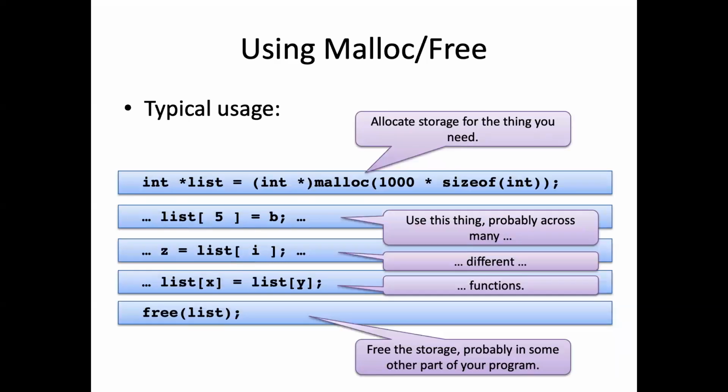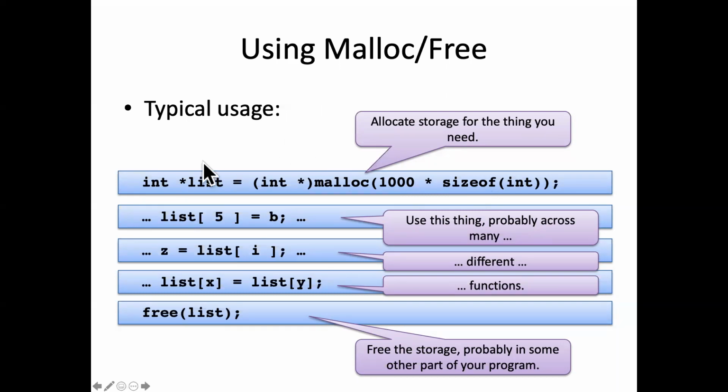So this is typical. Like I said, we're kind of sneaking up on how you would normally use heap memory, and here I'm just showing off a more typical example. Let's say you wanted to make an array on the heap to store some stuff. You could go to malloc, the same kind of call we had before, and ask for how much memory you need. You can think of this as space for a 1,000 element array of ints.